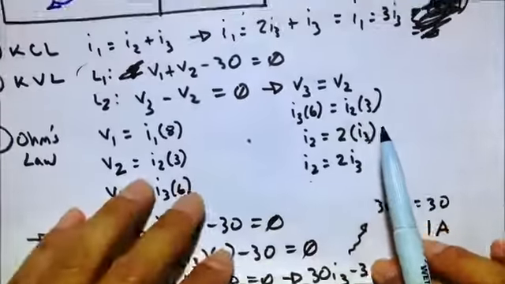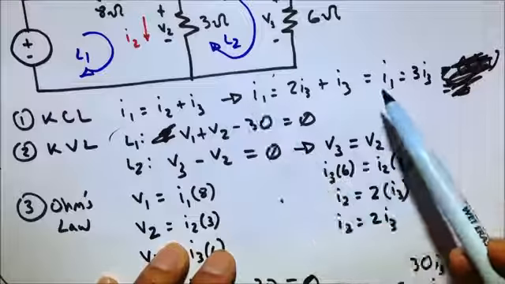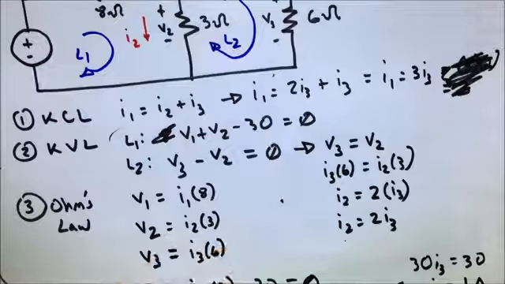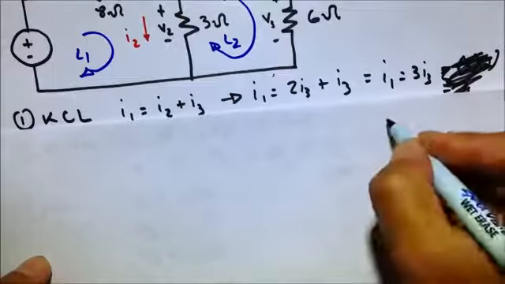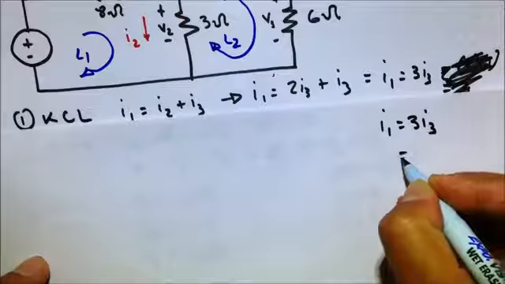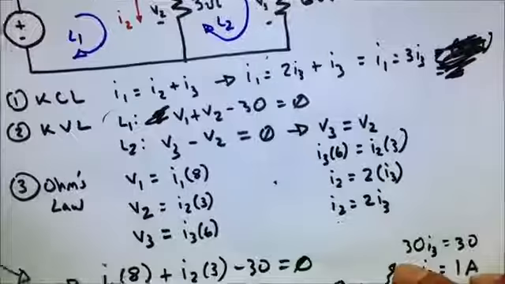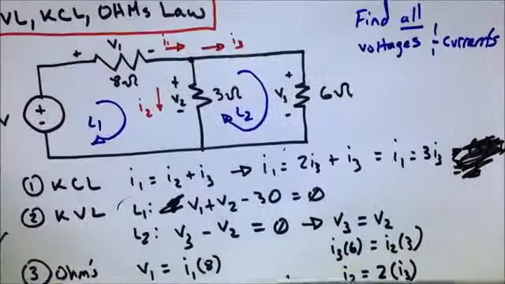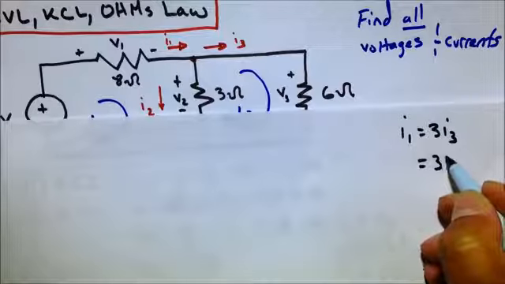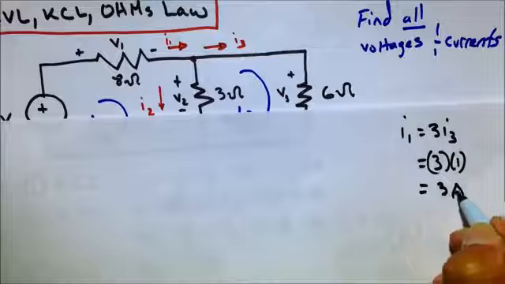Using our KCL equation, I1 equals 3 times I3, and I3 is just 1 amp. So that means 3 times 1, so I1 equals 3 amps.